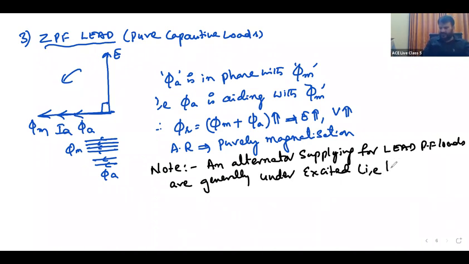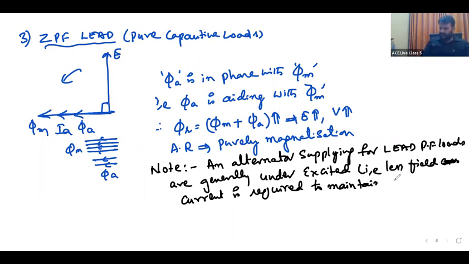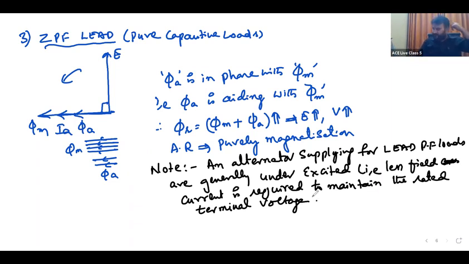That is, less field current is required to maintain the rated terminal voltage. This is for ZPF leading.